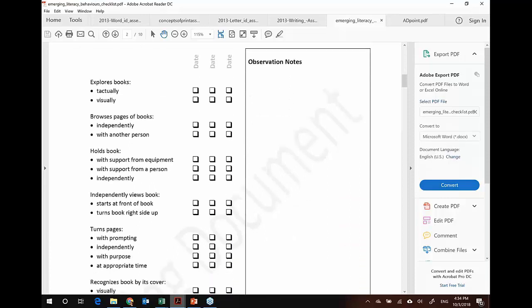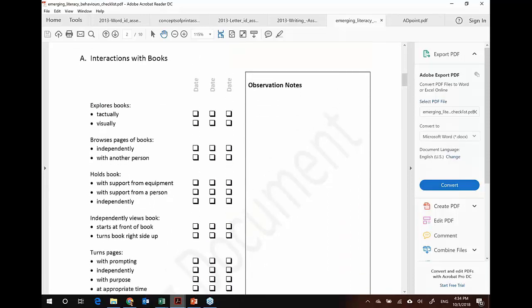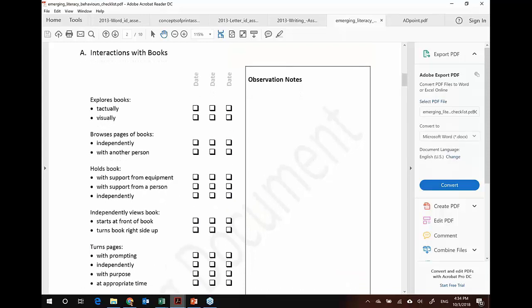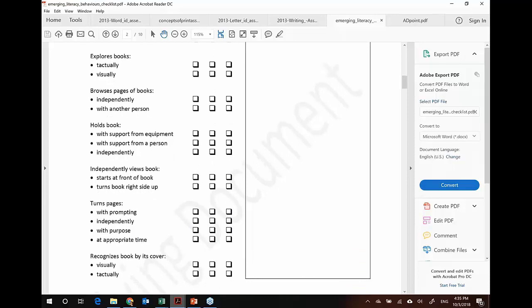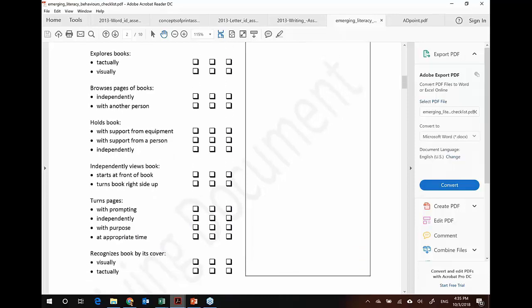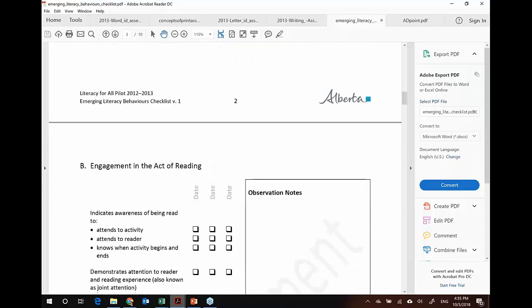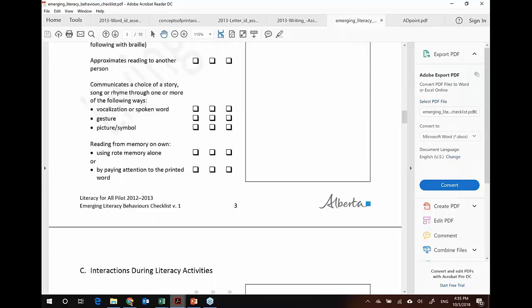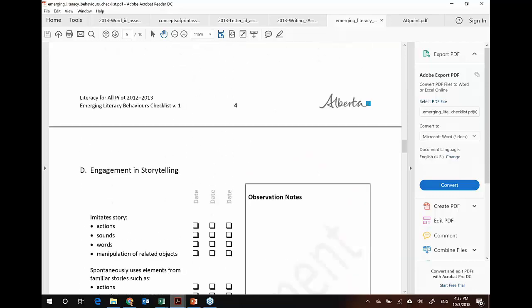You will fill one out for each student. And now you can look, a few times a year or once a term or twice a term, at these emergent literacy behaviors and indicate where your students are at different times of the year with these different skills. So it's quite a comprehensive list of emergent skills.